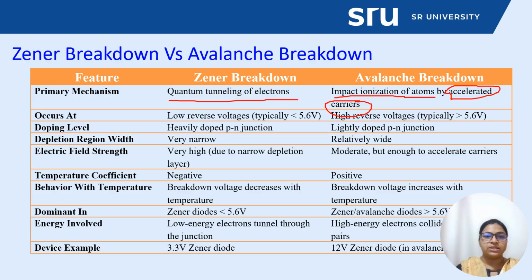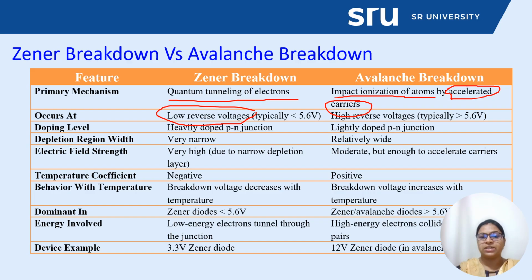So Zener breakdown occurs at low reverse voltage compared with the avalanche diode, which occurs at high reverse voltage. Zener is typically less than 5.6 volts, and avalanche is typically greater than 5.6 volts. The Zener diode is a heavily doped PN junction diode.